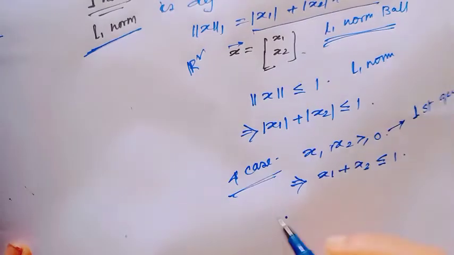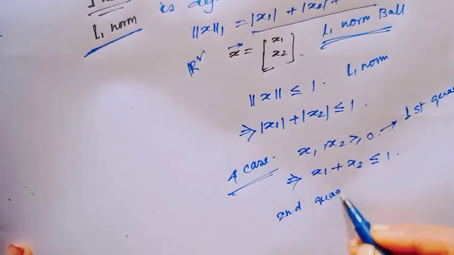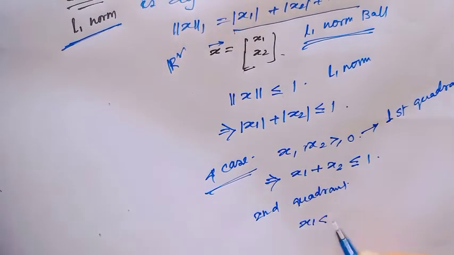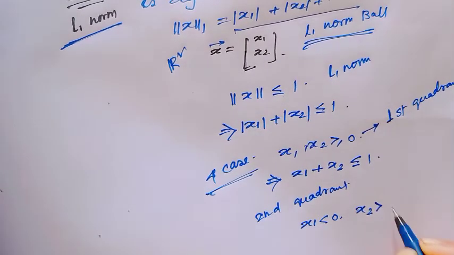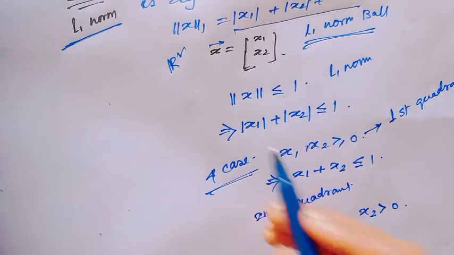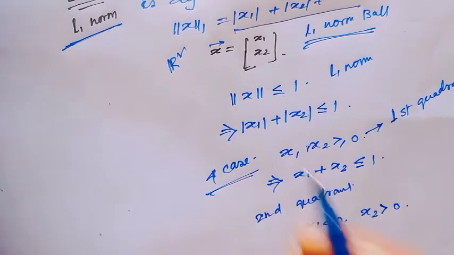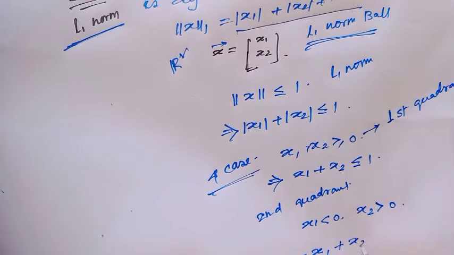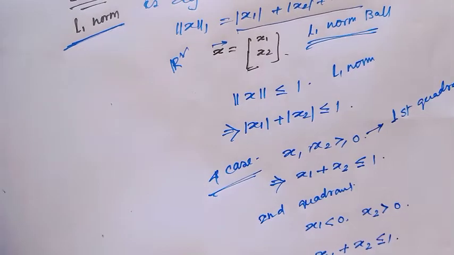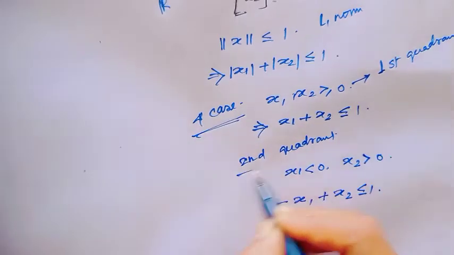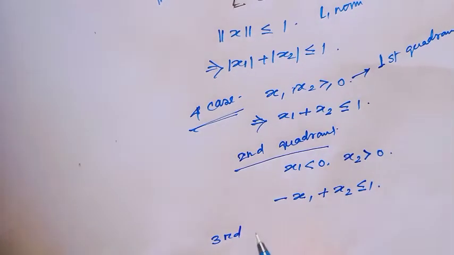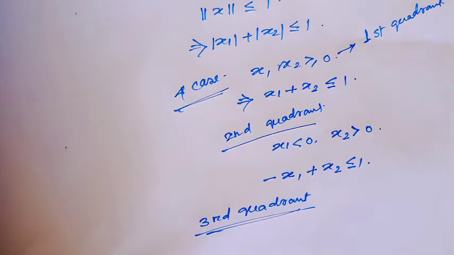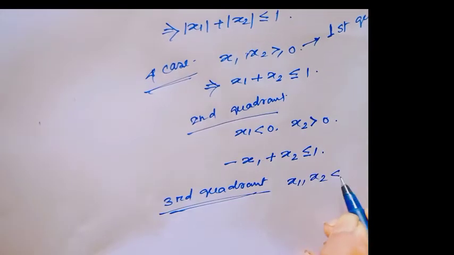Next, consider the second quadrant. Here, consider x1 less than 0 and x2 greater than 0. x1 less than 0 means the absolute value of x1 would be minus x1, and x2 greater than 0 means plus x2 less than or equal to 1. Then the third quadrant: consider x1, x2 less than 0.